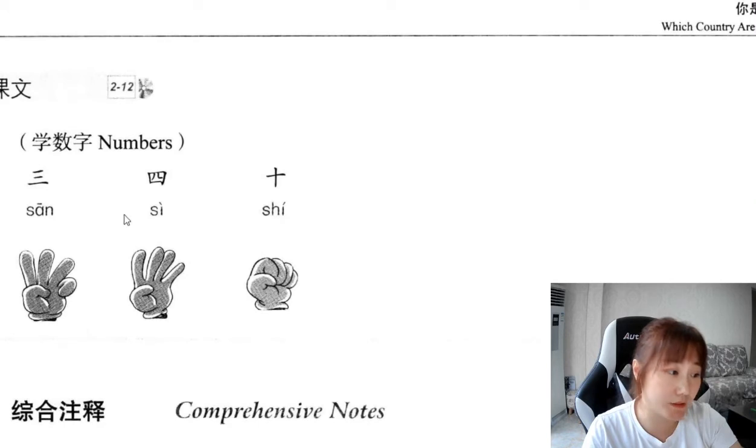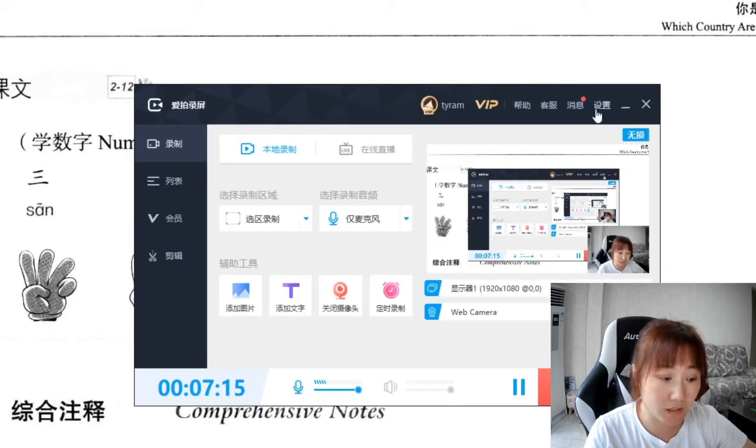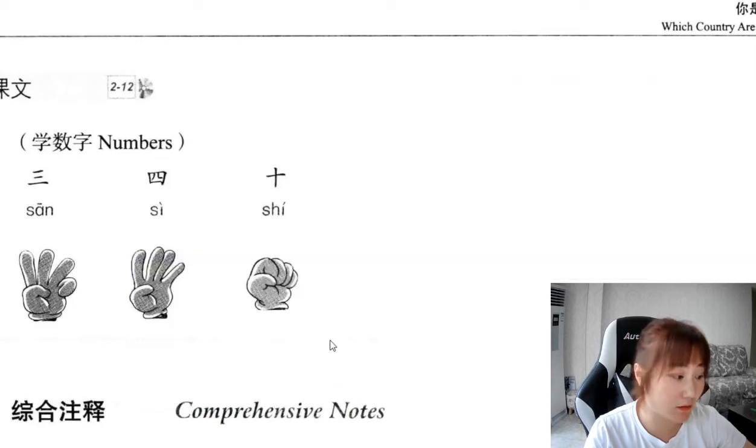And see the postures here. 3, 4, 10. Okay, sorry. Let's go on, continue.